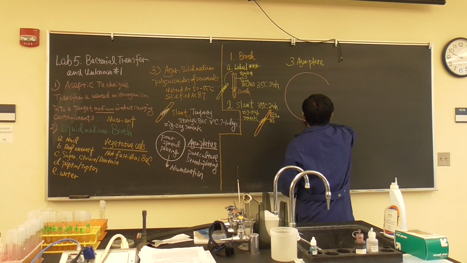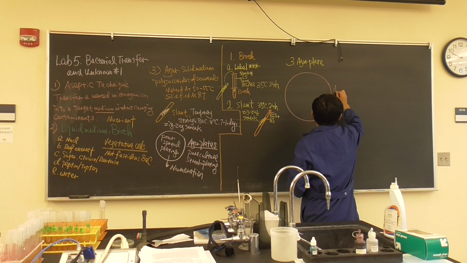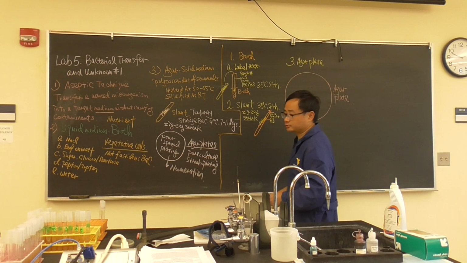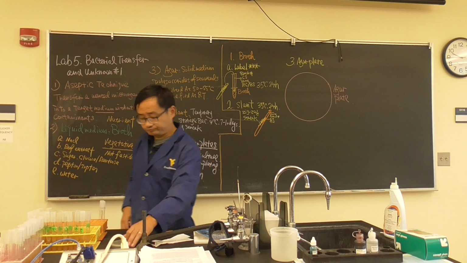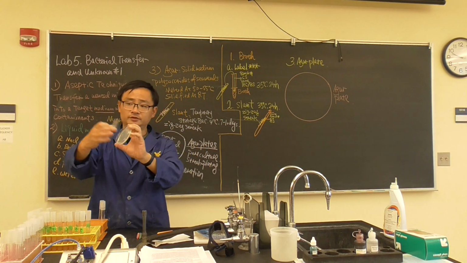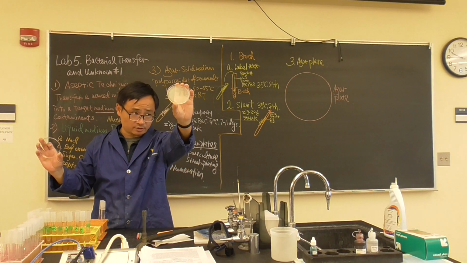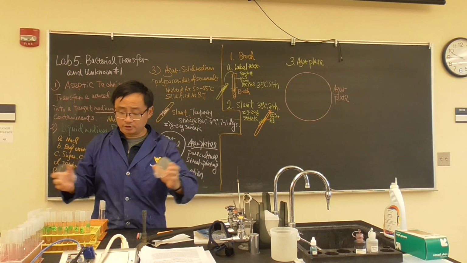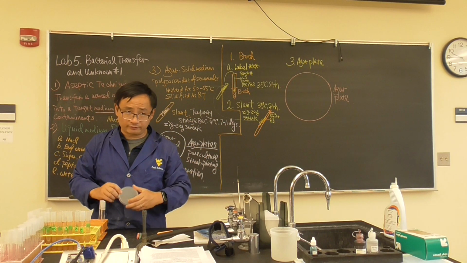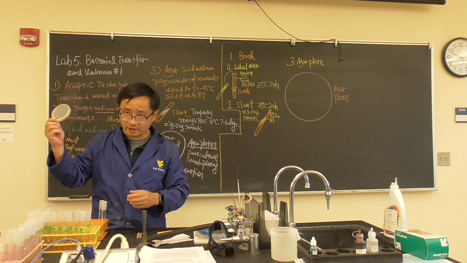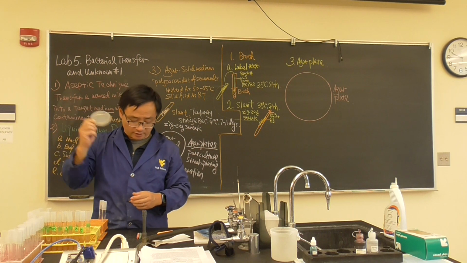It's the agar plates. And a very simple question, where should we label? There is a lid and there are agar plates. You should always remember, you have to label at the bottom of the agar plates and never on the lid.